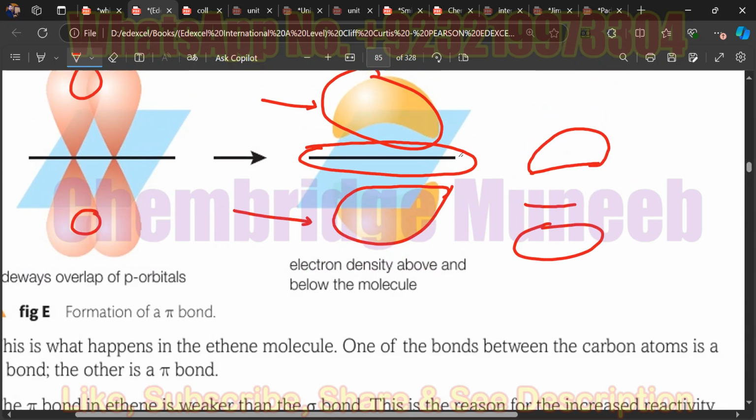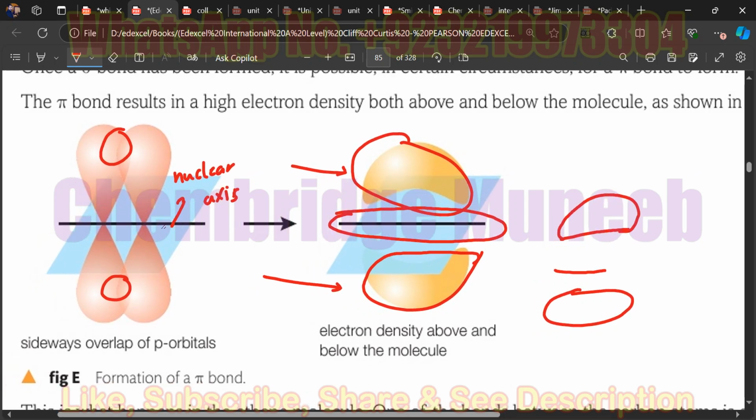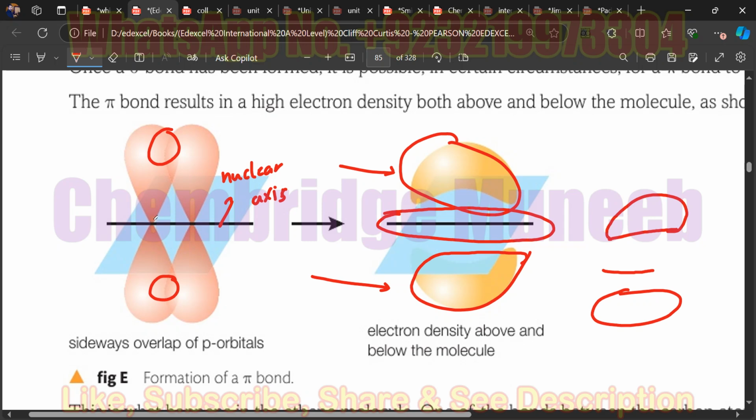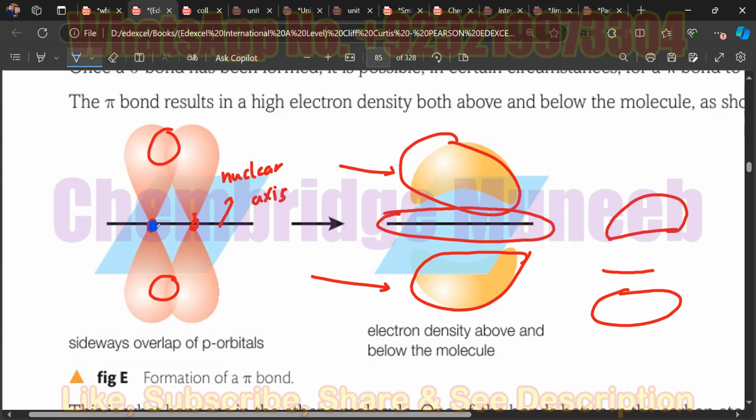This black line shown here indicates the nuclear axis. The nuclear axis is that symmetrical line which joins the nuclei of the atoms. The nuclei of the atoms are definitely present at this central point, but the electronic cloud is shown on either side, away from the nucleus.